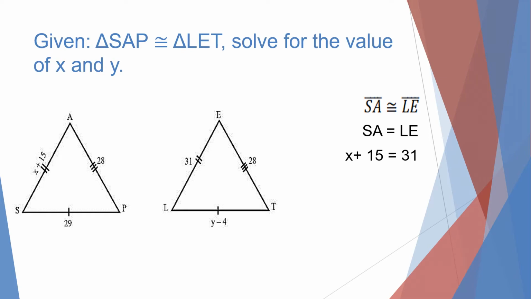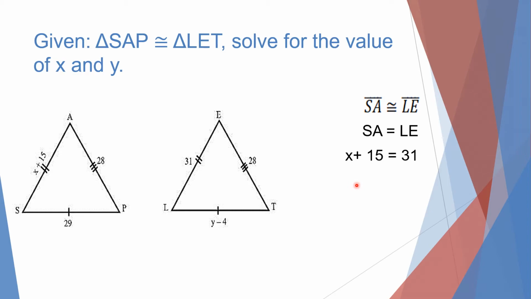Okay, next. Our goal is to solve for x. So, para ma-solve natin si x, we need to isolate it or kailangan siya lang mag-isa dun sa left side ng equation. So, kailangan nating ma-eliminate si positive 15. Paano natin siya i-eliminate? So, we get the opposite of positive 15.